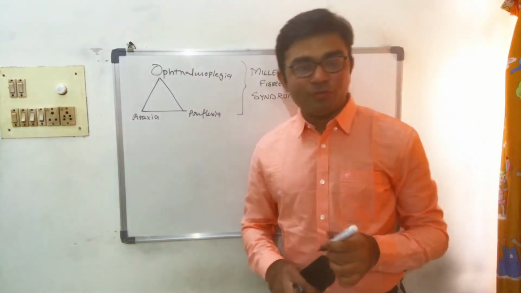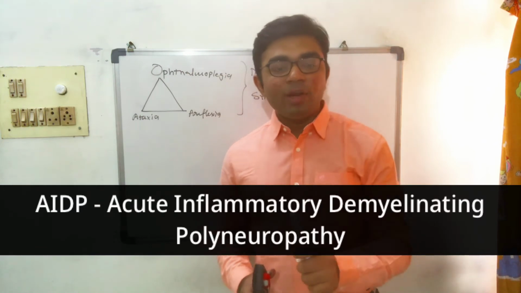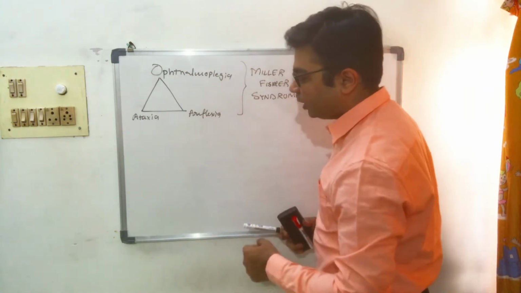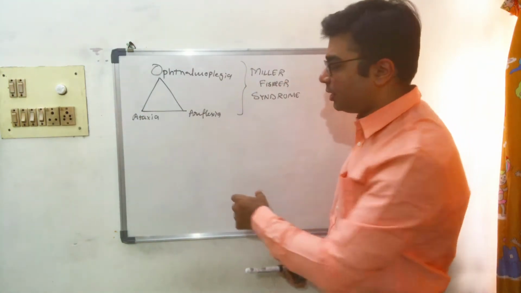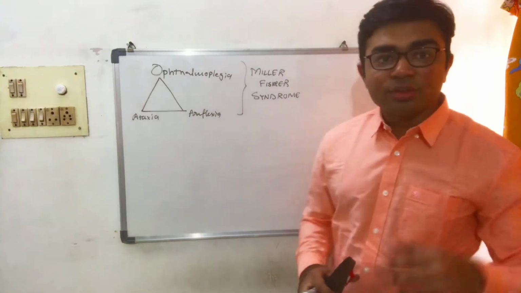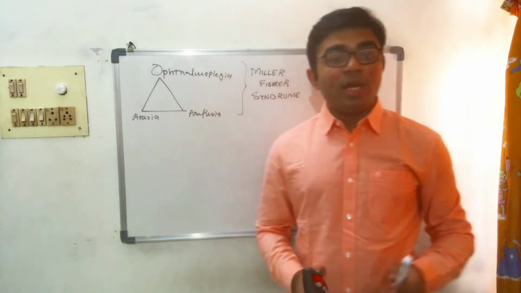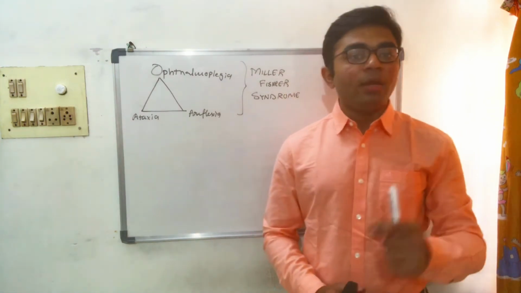Second variant of the GBS is the AIDP, that is acute inflammatory demyelinating polyneuropathy. As we have seen, there is infection of the GIT as well as damage to the myelin sheath. So the inflammatory process is also going on in the pathogenesis, as well as damage to the myelin sheath, that is the demyelinating and polyneuropathy.